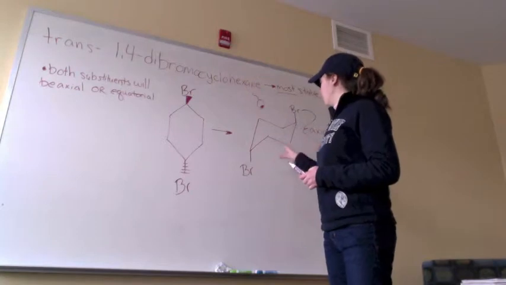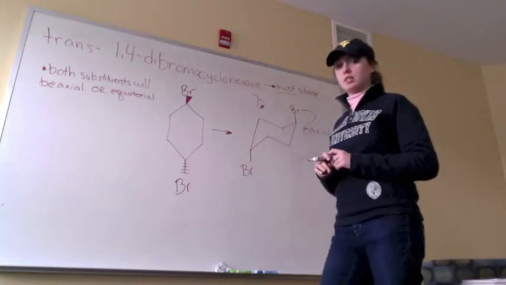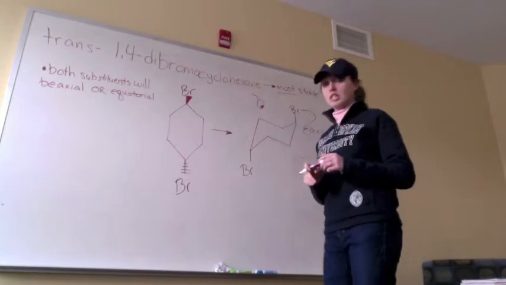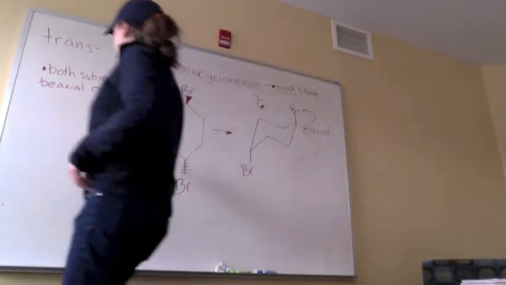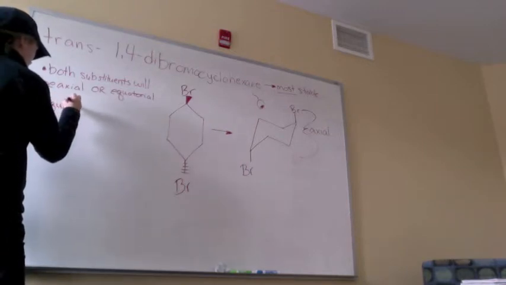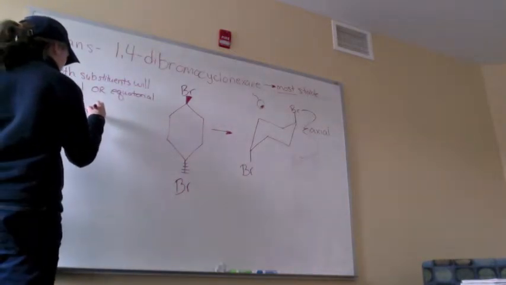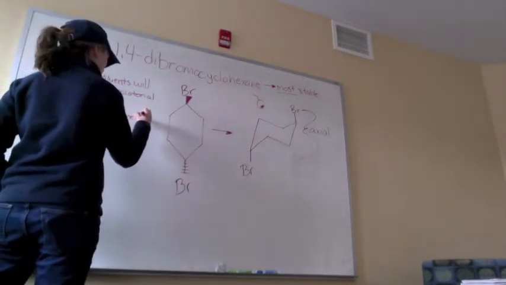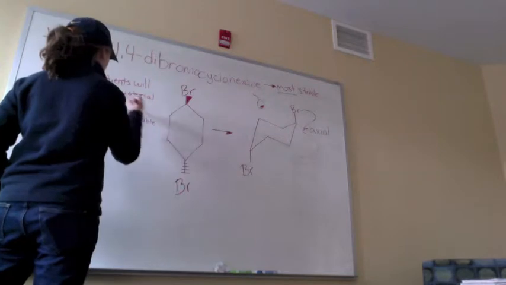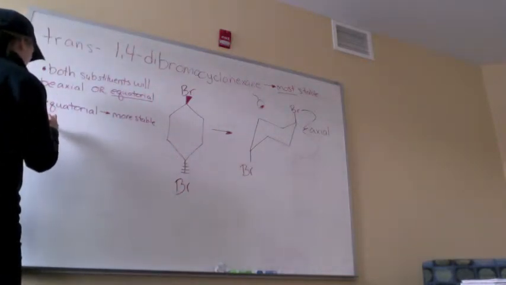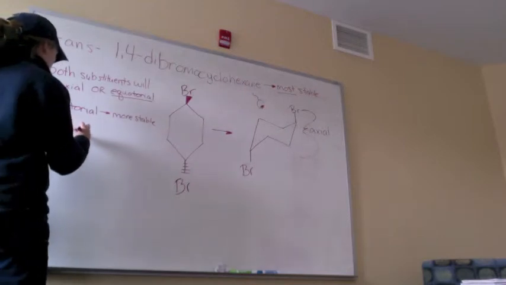The rules of the chair conformation state the substituents in equatorial are more stable than substituents in axial positions. So therefore, if we have a choice, equatorial is more stable. So we're going to prefer both to be in equatorial.